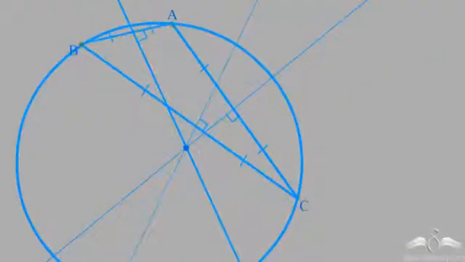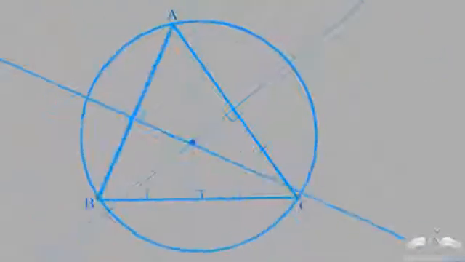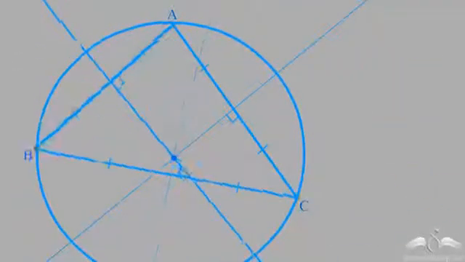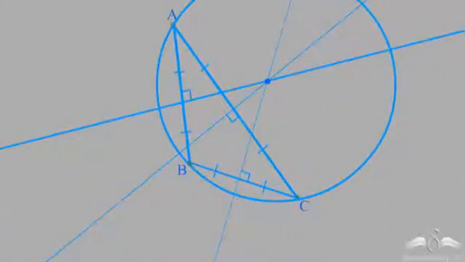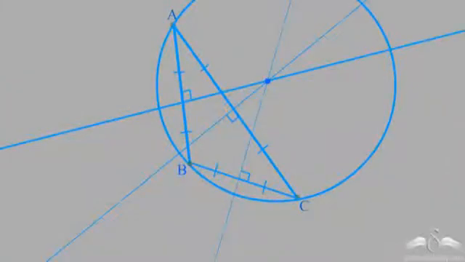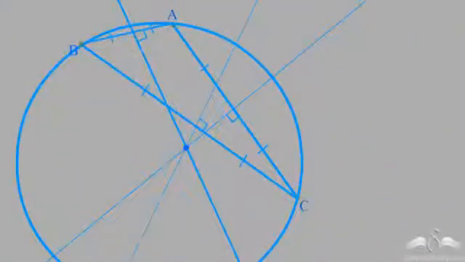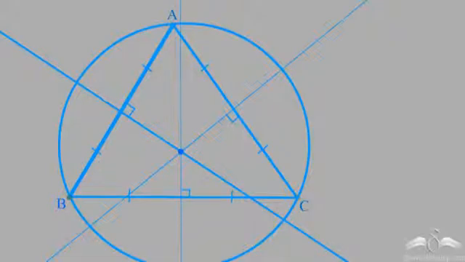Even if the circumcenter is outside, you can make a circle that touches all the points of this triangle, circumscribes it, or whether it's inside, you can always make a circle. For every triangle, you can make a circle that just touches the vertices of the triangle, circumscribes this triangle, and we call that circle the circumcircle. The center of this circle is called the circumcenter, and this center is nothing but the point where all the perpendicular bisectors intersect.